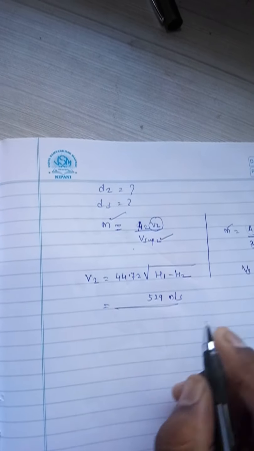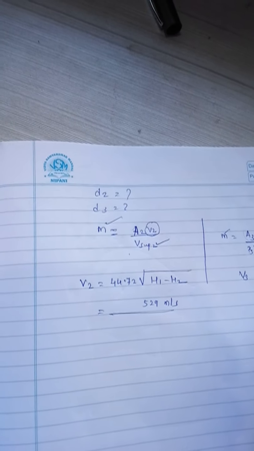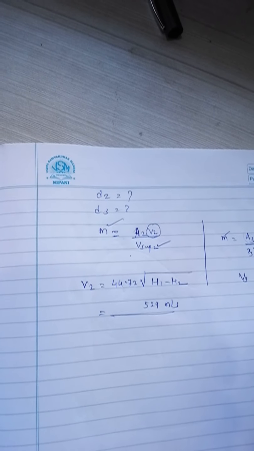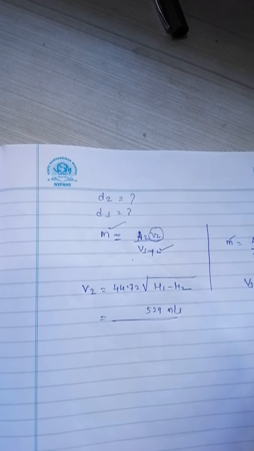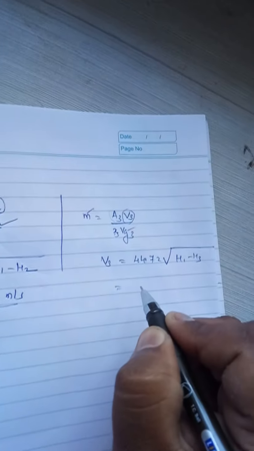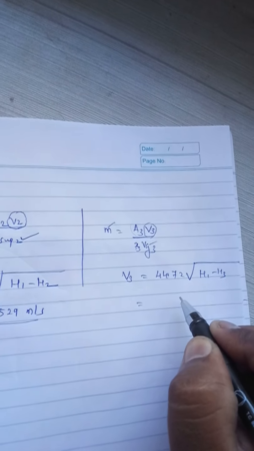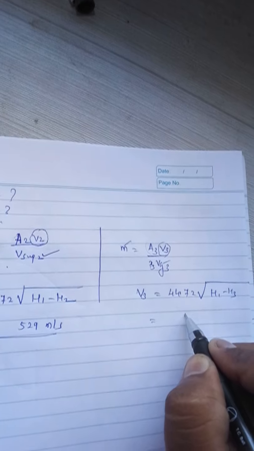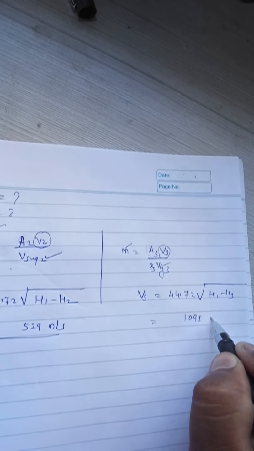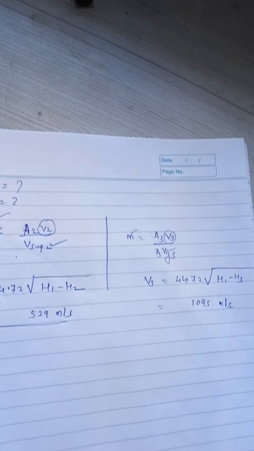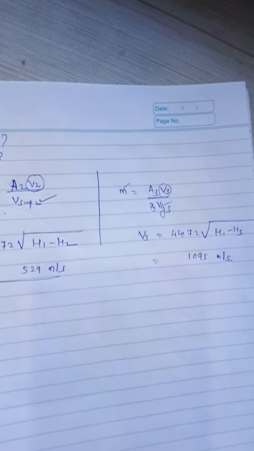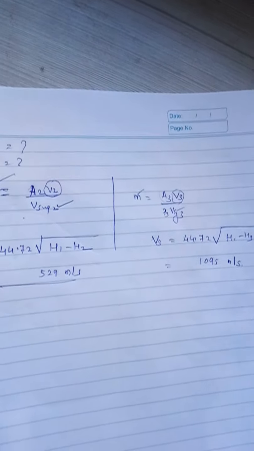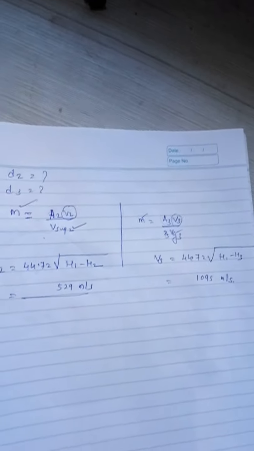This also is coming from point 1 only. The enthalpy drop is from 1 to 3, not 2 to 3, you should take. So here only you take care. If you substitute the H1 and H3 values, you will get 1095 meter per second. Right. So this is how you should calculate V2 and V3.